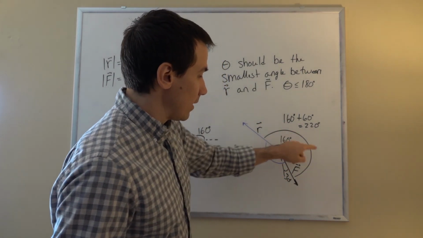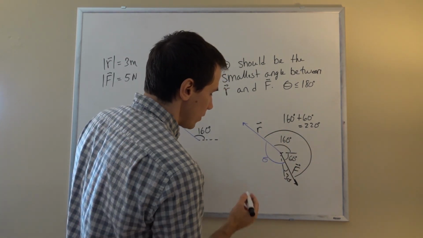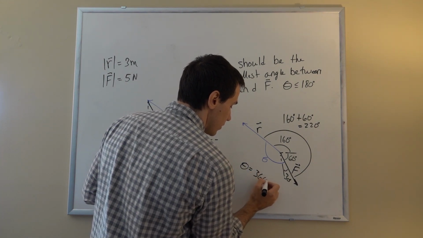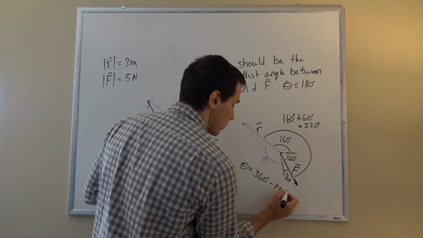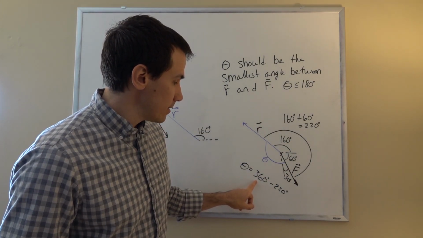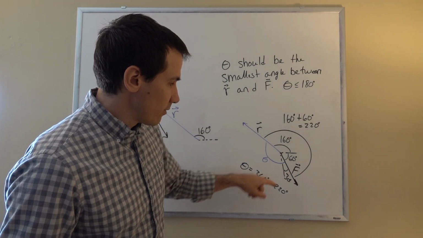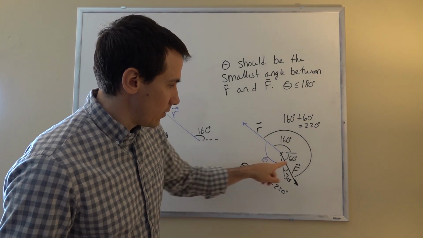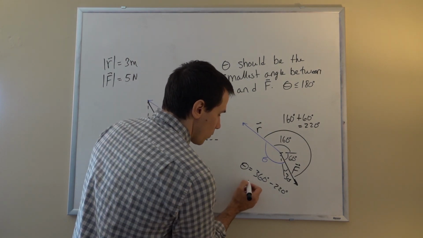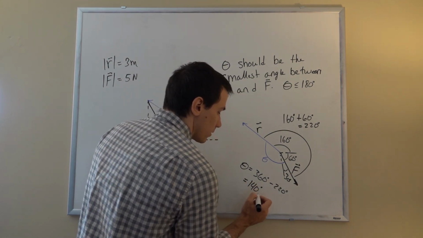But here we've found this larger angle, and so we know that theta is just 360 degrees minus 220 degrees, because obviously a full circle is 360 degrees. So I've gone 220 degrees and then I need to go another theta. So theta must be the difference between them, which looks like 140 degrees.